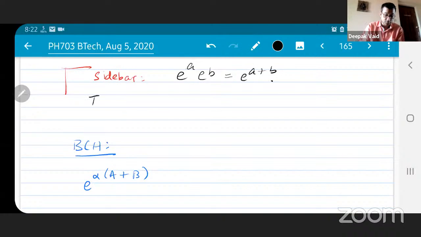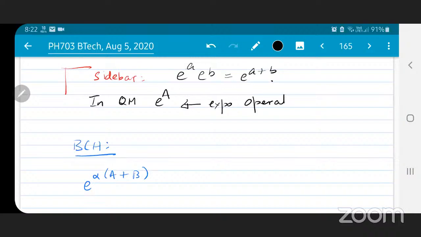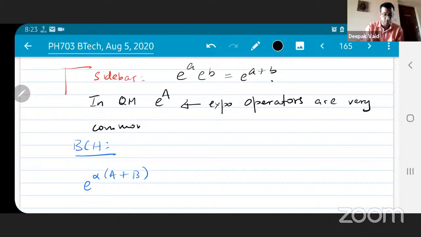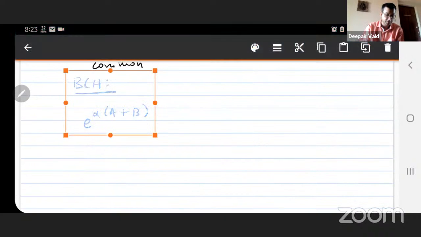Now, in quantum mechanics, we have exponent A, right? Exponential operators are very common, right? They are very common and they are very important.